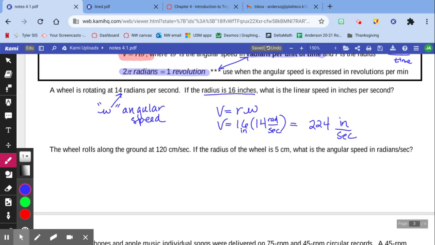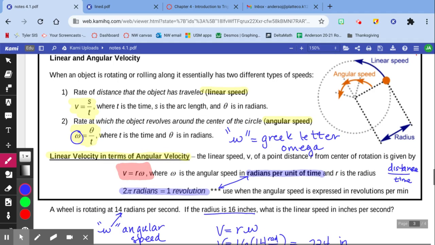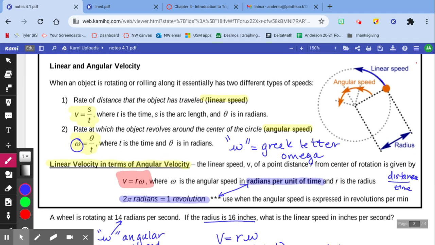All right, let's look at another one. A wheel rolls along the ground at 120 centimeters per second. Here again we have a wheel rolling along the ground. Now, this is talking about the outside speed.